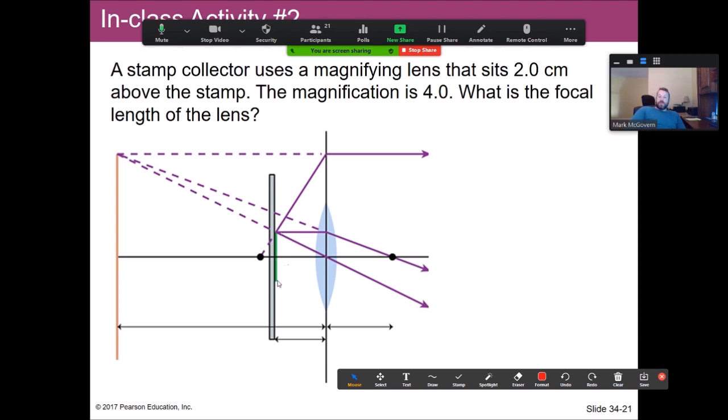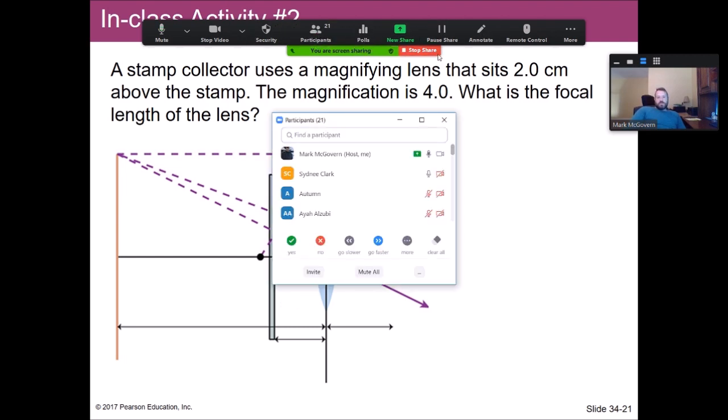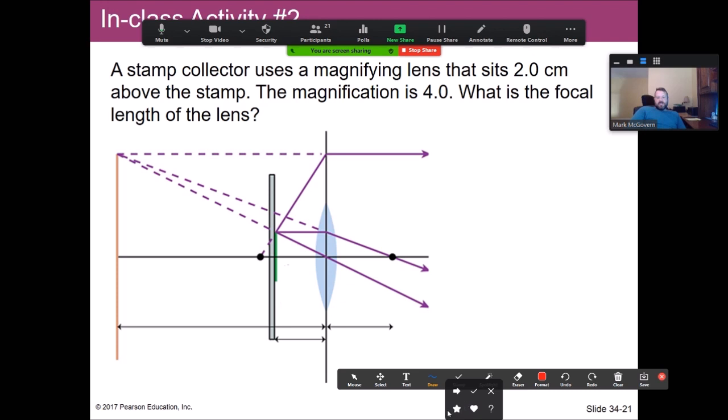Okay, so if you draw the rays down here, let's just do it as an example. The first ray goes parallel, and then comes up like that.